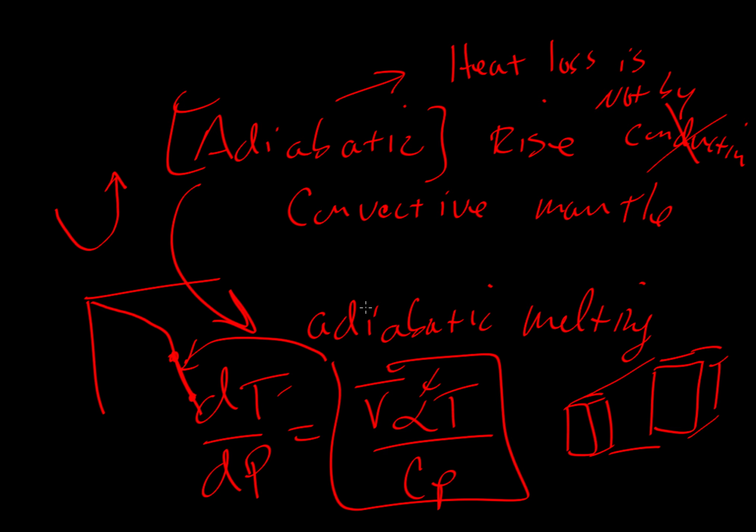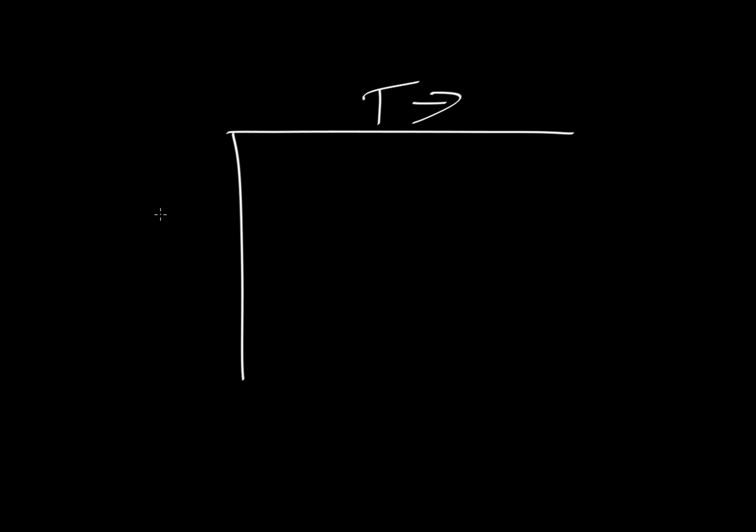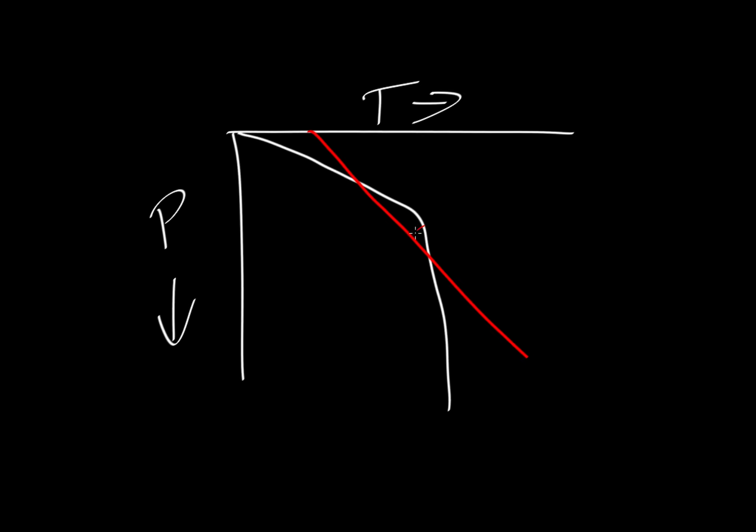And this is a type of partial melting, coming back to the diagram we've just drawn earlier. If we come back to our T-P plot, so temperature and pressure moving downwards, we have a geotherm that looks like this. And then we have a mantle solidus that looks like this.